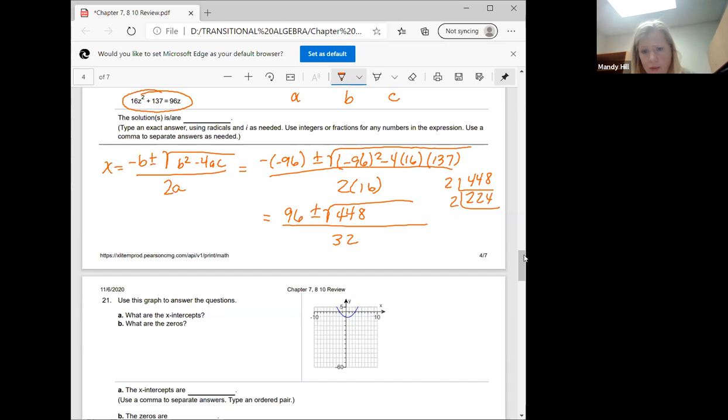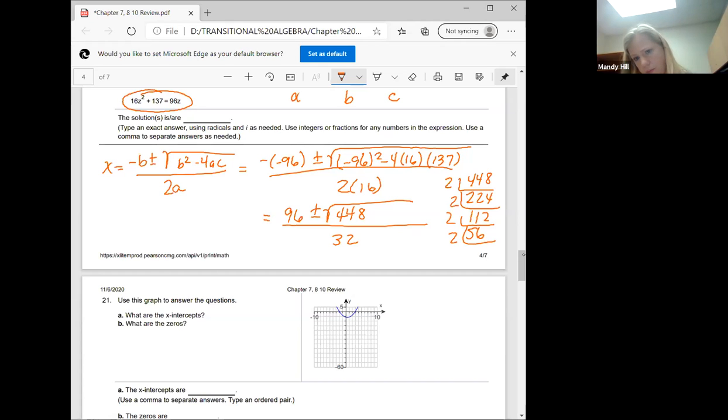Two will go again, 112. 2 is going to go into 112. See, I'm looking for pairs that I can pull out. I'm just needing to reduce this fraction. So that's going to give me 56. 2 will go into 56.